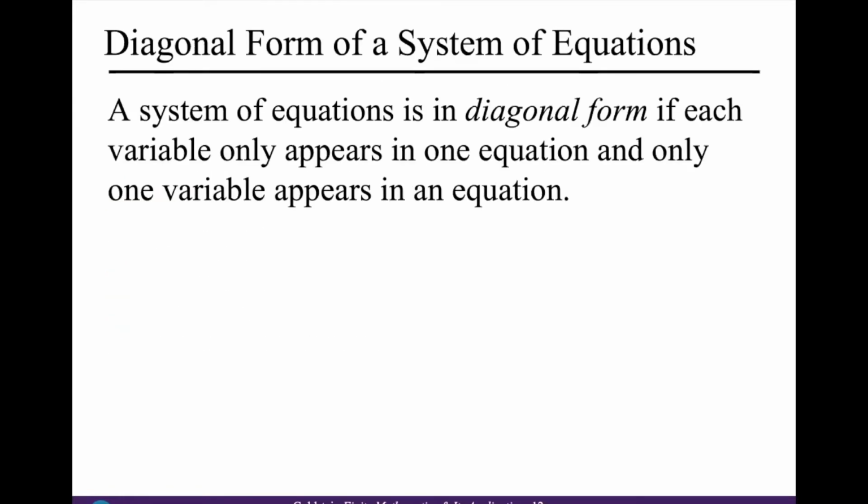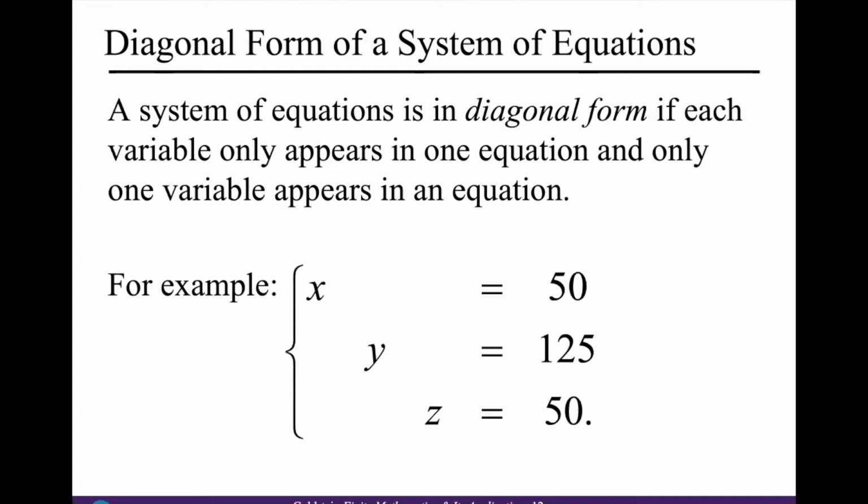A system of equations is in diagonal form if each variable appears in only one equation and only one variable appears in an equation. Here's an example. X equals 50, Y equals 125, and Z equals 50.